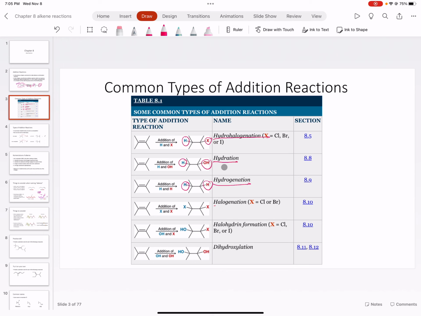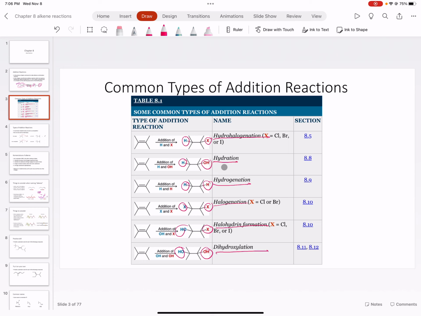Or halogenation, in which we add a halogen on one side and another halogen on the other side. Or halohydrin formation, in which we add an OH and then a halogen on the other side. Or hydroxylation, in which we add an OH on one side and an OH on the other side.